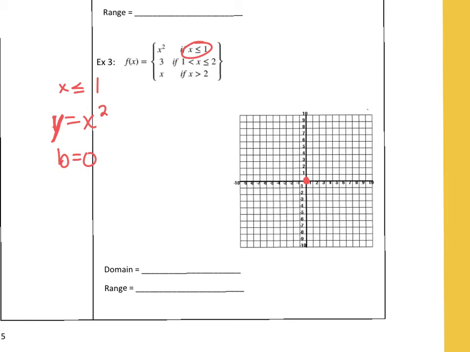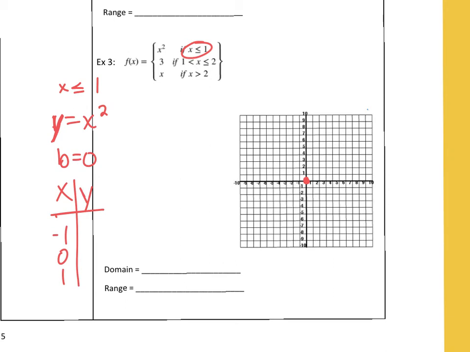Just points that I need. So I'm going to make an XY chart right here. And I know it's x is less than or equal to 1. So 1 is as big as I'm going to go. And then I'm just going to do a couple points that are less than 1. So I'll do 0 and negative 1. And I might just do those 3. I think that is good enough.